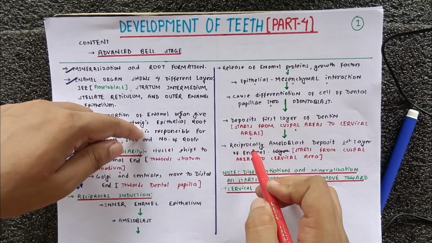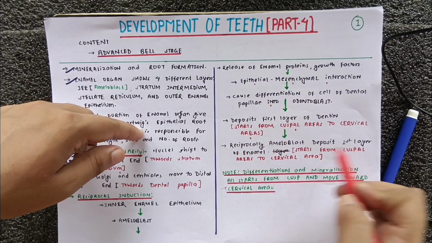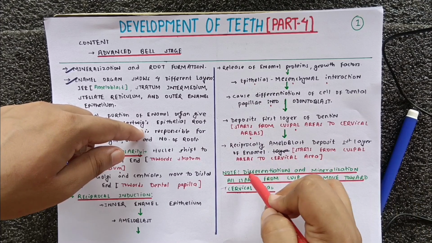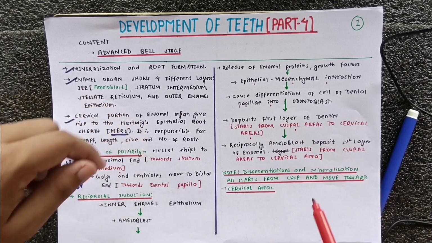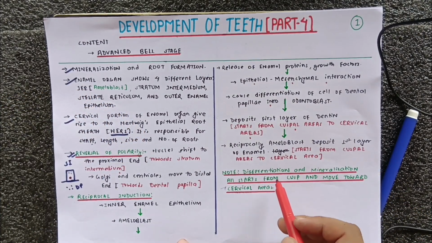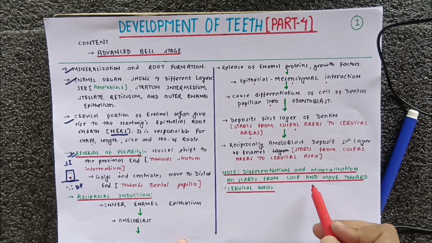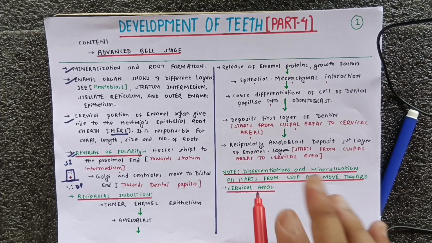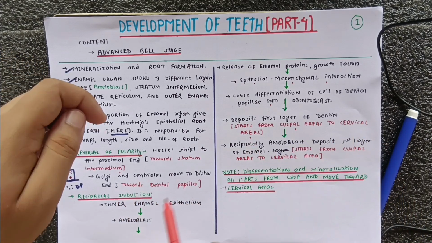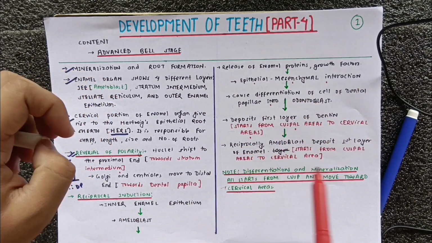After that, reciprocally, ameloblasts deposit the first layer of enamel, which starts from the cuspal area to the cervical area. I have written one note here: differentiation and mineralization all start from the cusp and move towards the cervical area. I will explain this with a proper flow chart, so just listen to me.